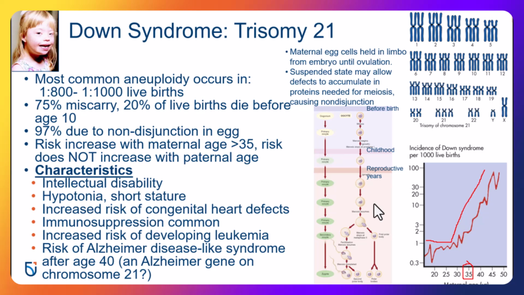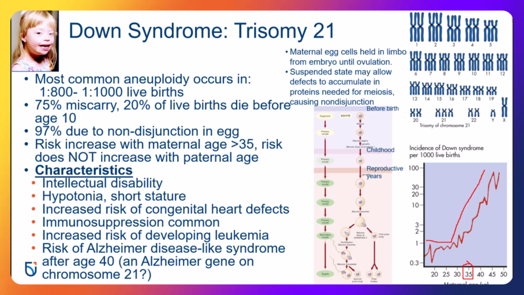So this means that an oocyte that is ovulated at age 40, so a 40-year-old woman that releases an egg, had been paused for decades. So this long pause period or arrest period likely allows for errors to accumulate within the cellular machinery that's involved in chromosome separation, and that increases the risk of non-disjunction. So to summarize that, the longer meiosis is paused, as we see occurring with females, the greater the risk of chromosome separation errors.